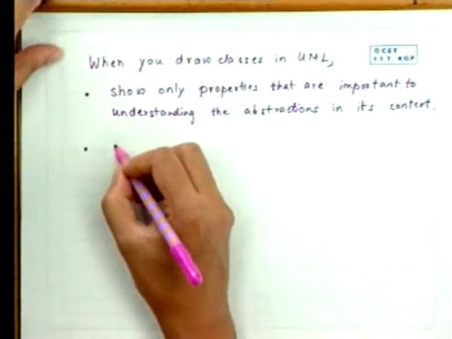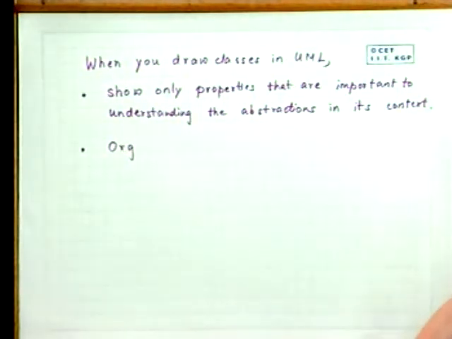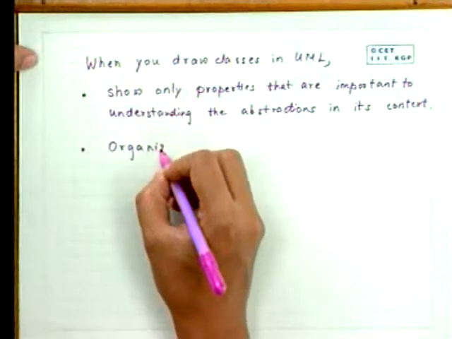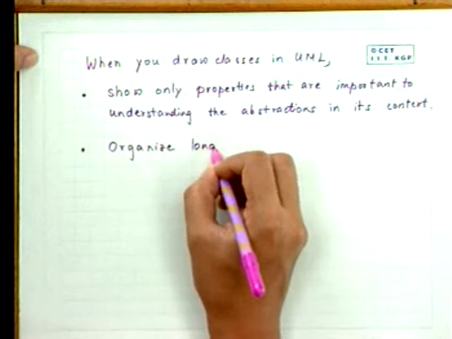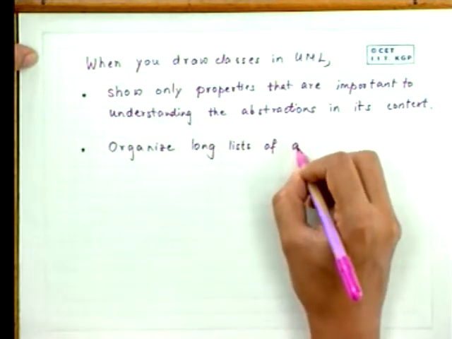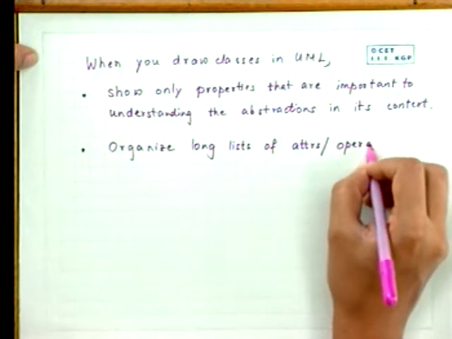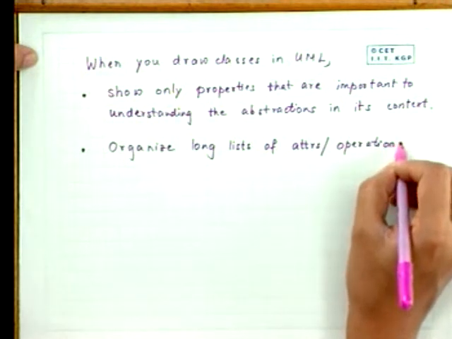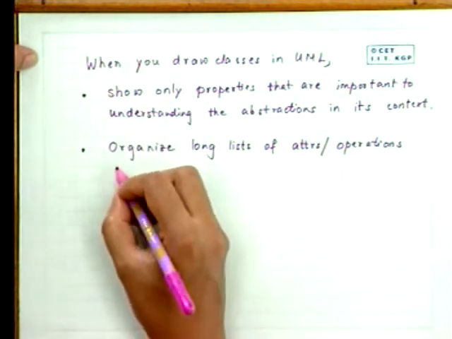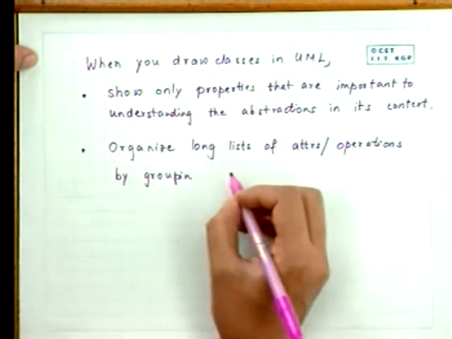Secondly, if you have a long list of attributes and operations, you must organize these lists of attributes and operations by grouping them according to their category.